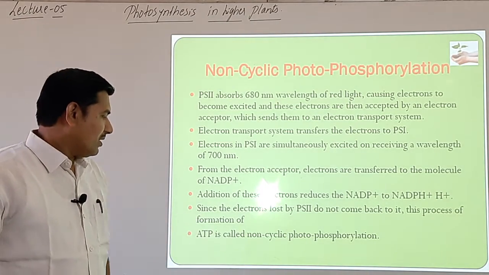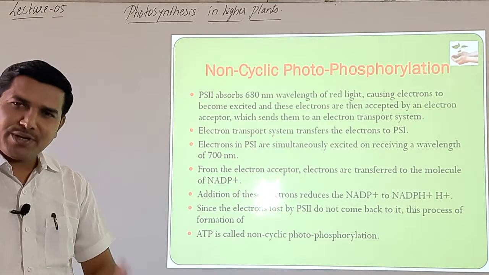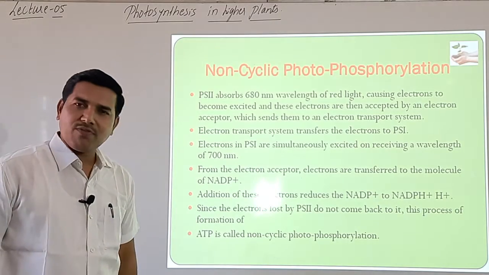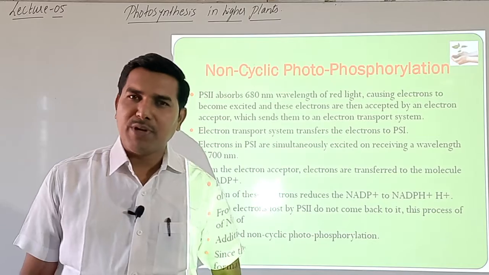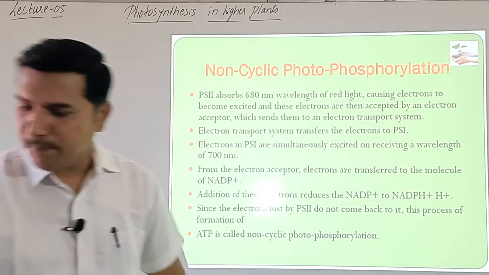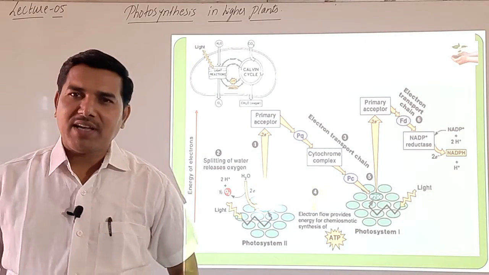ATP produced here is called non-cyclic photophosphorylation. That means ATP is produced in the non-cyclic photophosphorylation. Along with that, NADPH2 is also produced. So, this is the basics based on the diagrammatic representation, which we call the schematic representation.